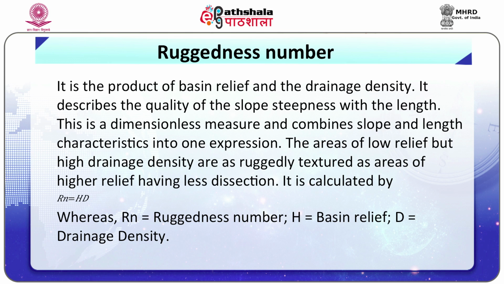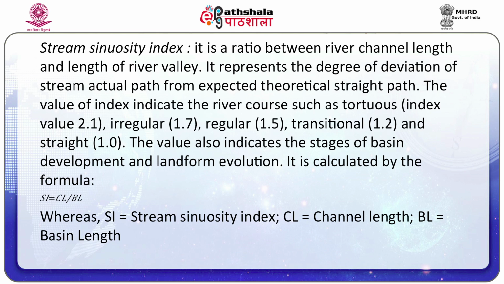This is a dimensionless measurement and combines slope and length characteristics into one expression. Areas of low relief but high drainage density are ruggedly textured, as are areas of high relief having less dissection. It is calculated by the formula. Stream sinuosity index.